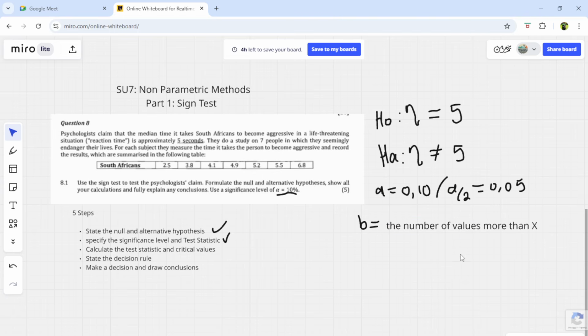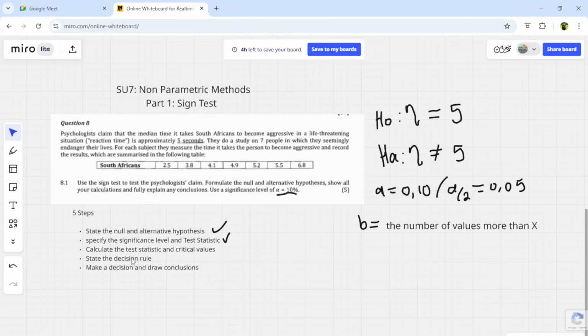In this case, this x is your population parameter number, this number over here. So you're going to compare the values that you have in your sample with this value over here. The number of values more than x will be your value of B.